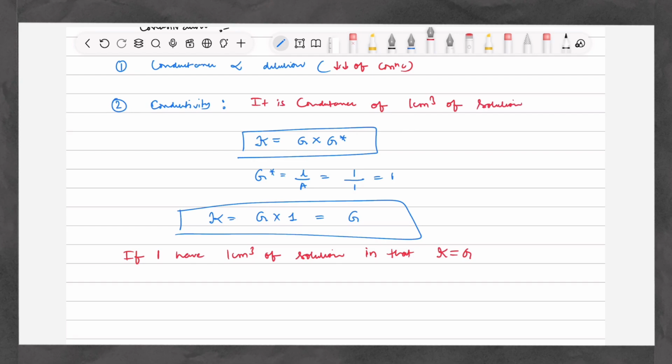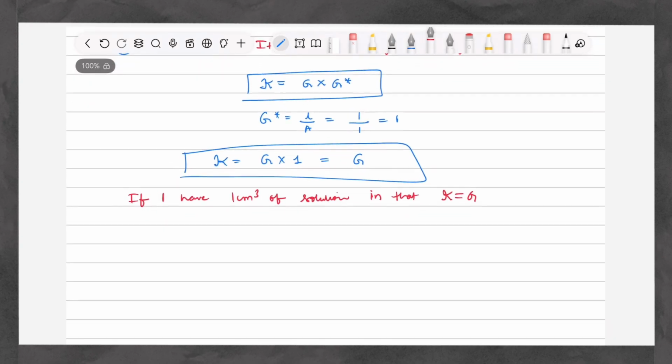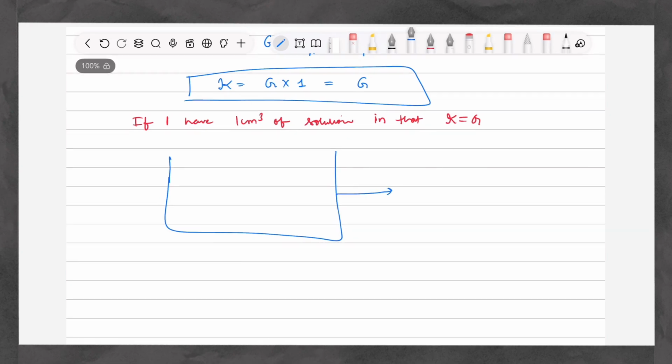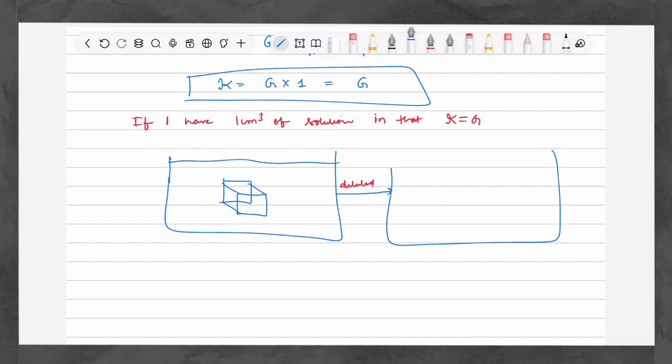By understanding practically, I can explain this as if I have a solution which is diluted. Now in the first case, I have a solution in which 1 centimeter cube of solution contains, say, 8 ions.